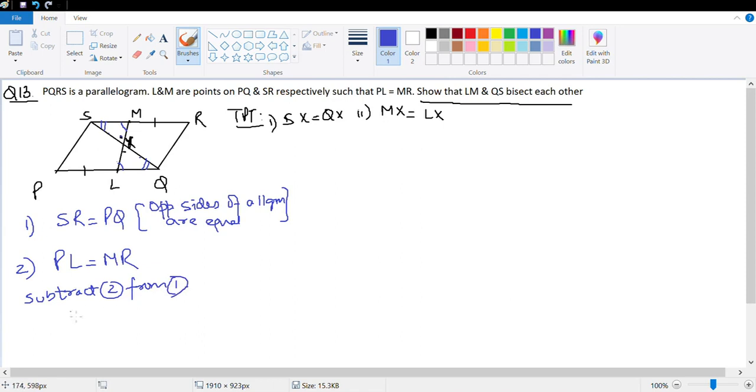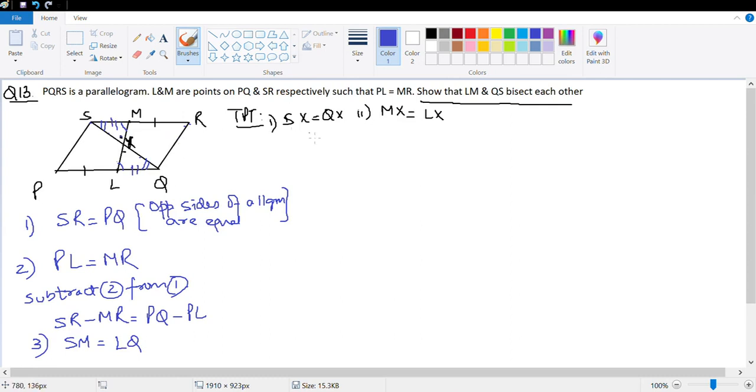So what I'll get is SR minus MR is equal to PQ minus PL. So SR minus MR, what it gives me is SM, and PQ minus PL gives me LQ. That's my number 3. I think I've already got this. LQ and SM are equal. Done. I've got my answer.